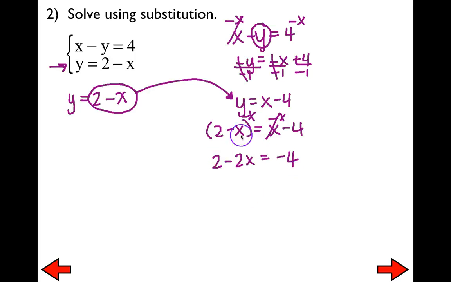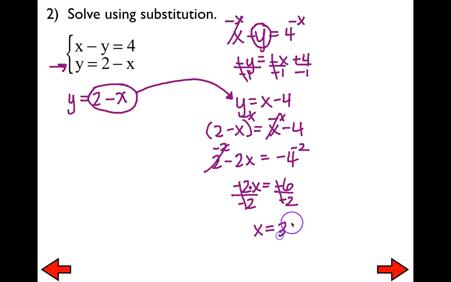Now we're going to move our constant over to the right, so I'm going to subtract 2 from both sides, leaving me with negative 2x equals negative 6. This means negative 2 times x, so the inverse would be to divide both sides by negative 2. So here the negatives cancel out, so I'm left with x equals 3.